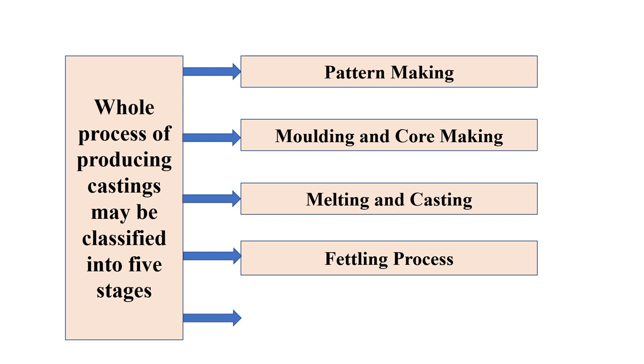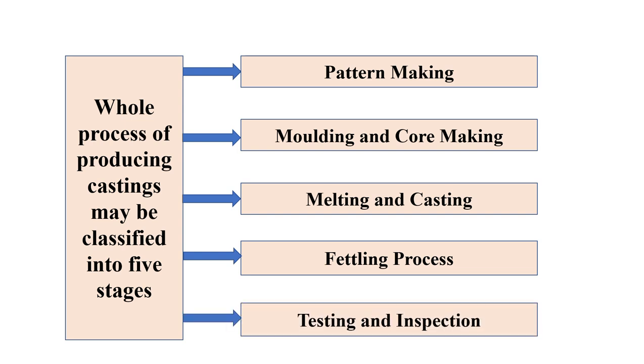Finally, the casting is tested and inspected to ensure that the casting is defect free, and if it is defect free, then it is dispatched. If the casting has defects, we have to find the root cause of that defect so that it should not be repeated.